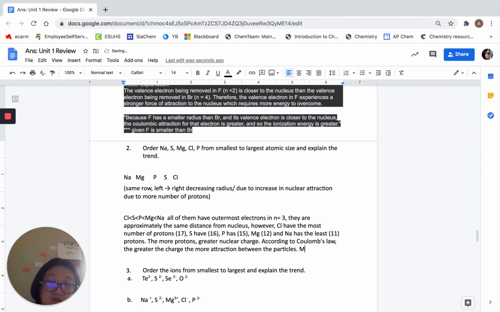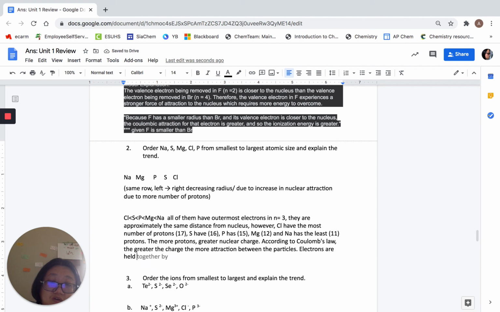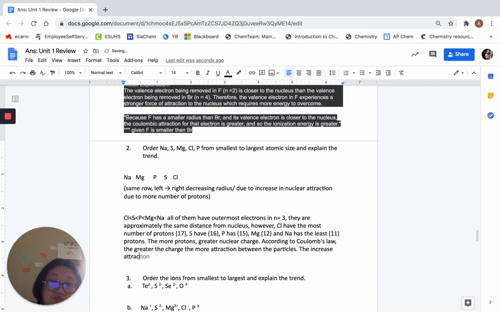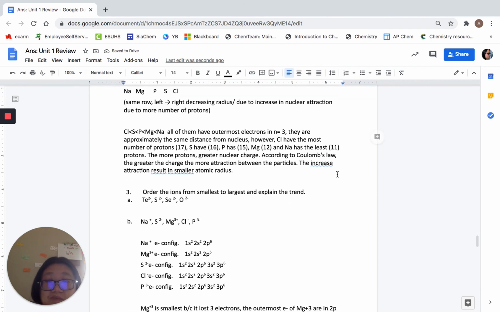Electrons are held more tightly, and the increased attraction results in a smaller atomic radius.